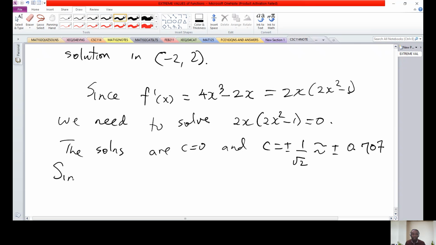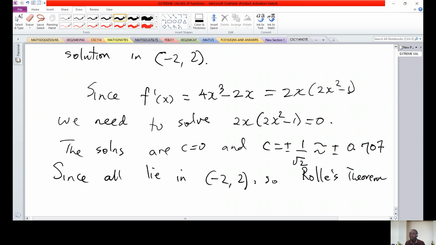Since all lie in this open interval from minus 2 to 2, Rolle's theorem is satisfied for all 3 values of c.